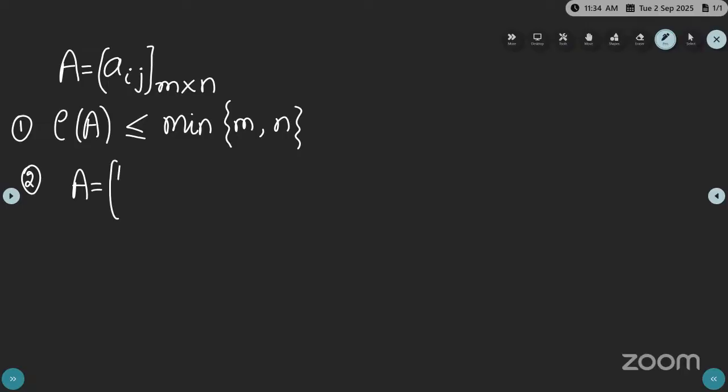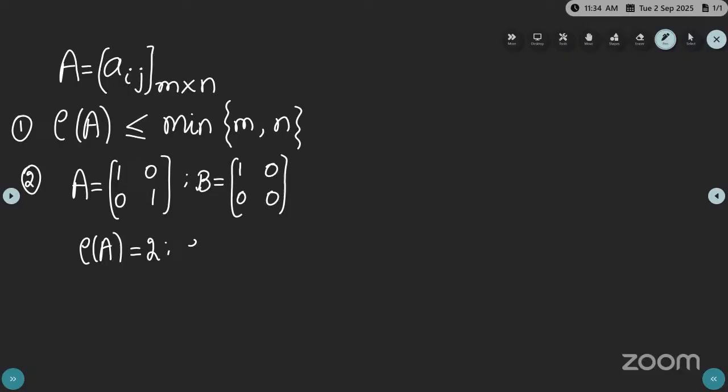If A equals 1 0 0 1, B equals 1 0 0 0, what is the rank of A? What is the rank of A? You should tell at a glance: 2. What is the rank of B? 1. What can you say about the rank of A plus B?